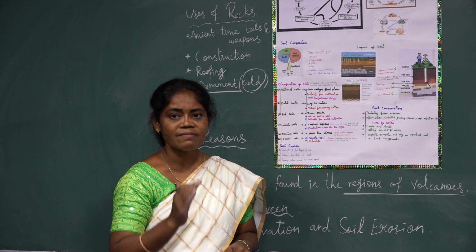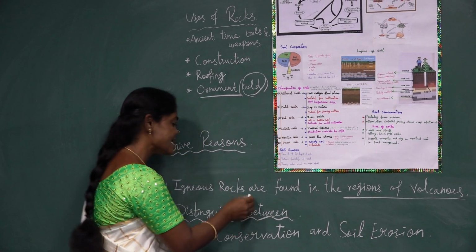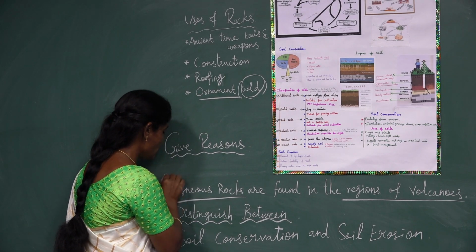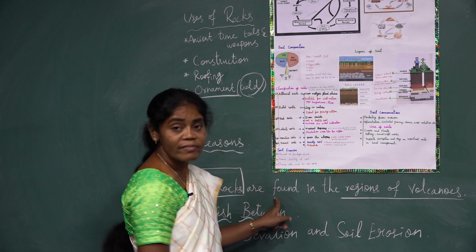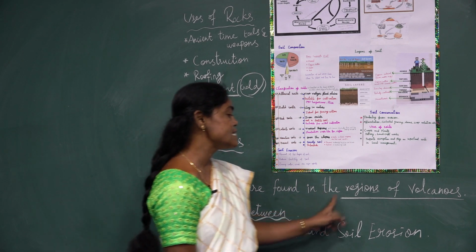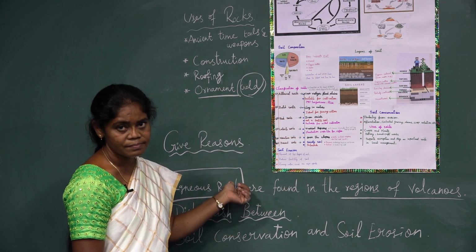After solidification, it forms a rock that is said to be igneous rocks. So, we can find them in the regions of volcanoes. What type of rocks? Igneous rocks.